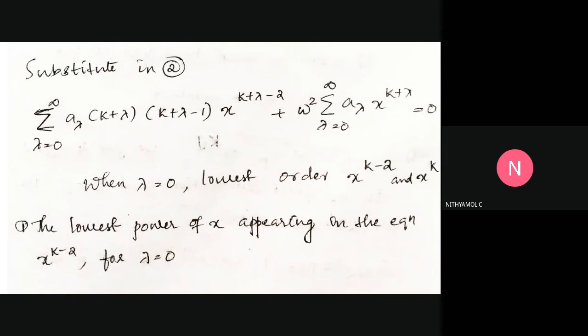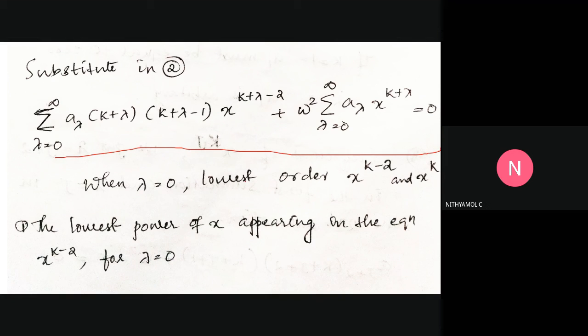We substitute these into equation 2, our linear oscillator equation, d square y by dx square plus omega square y is equal to 0. Substituting in 2, we get the summation of these terms, which is equal to 0.